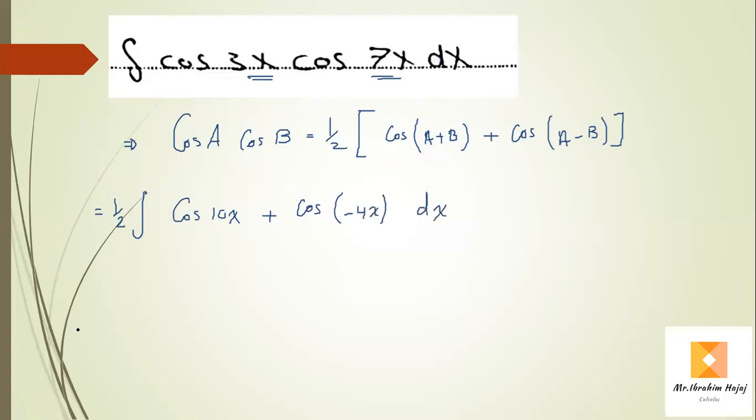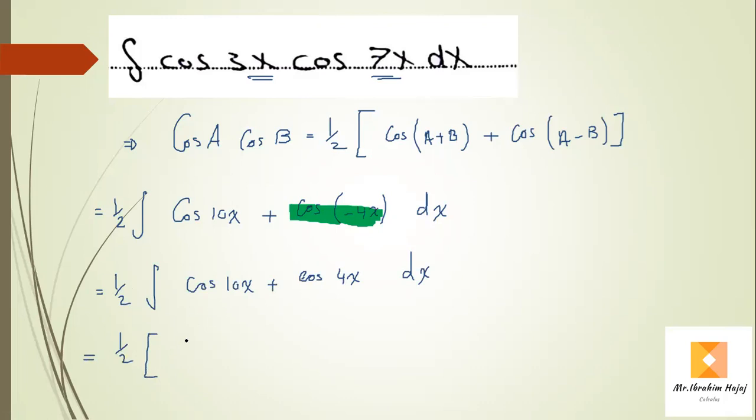We keep the x inside, because cosine is an even function, so the minus disappears. It's the same as cosine 4x. So it's the integral of cosine 10x plus cosine 4x dx, then integrate.